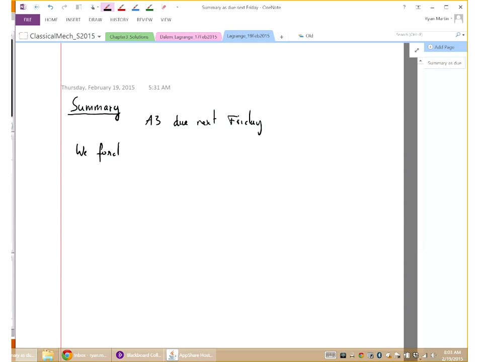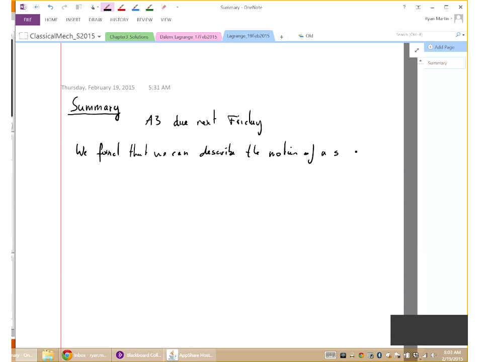So we found that we could describe the motion of a single particle using what's called the Lagrangian.